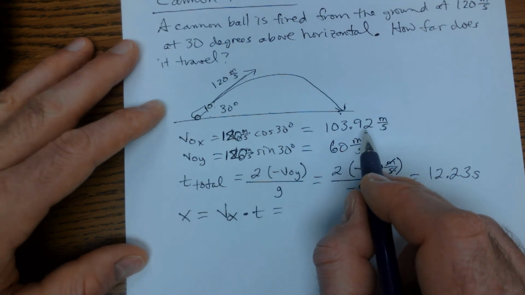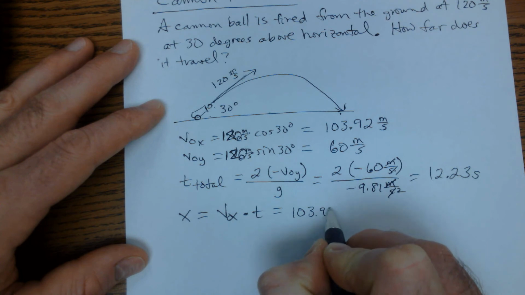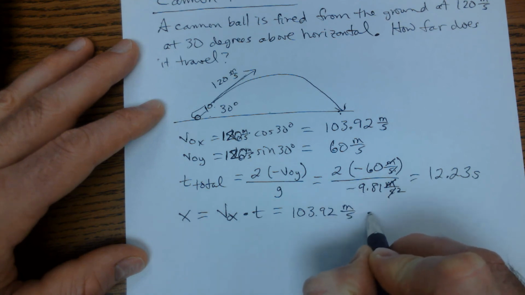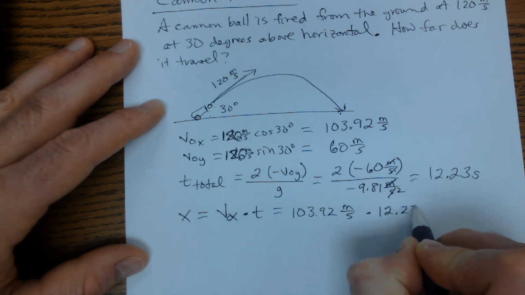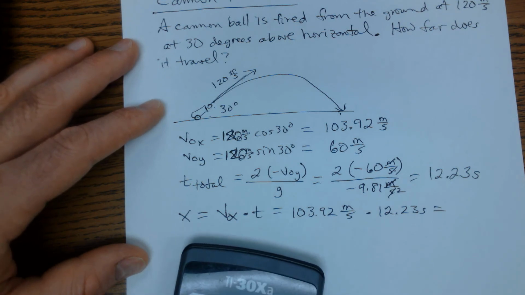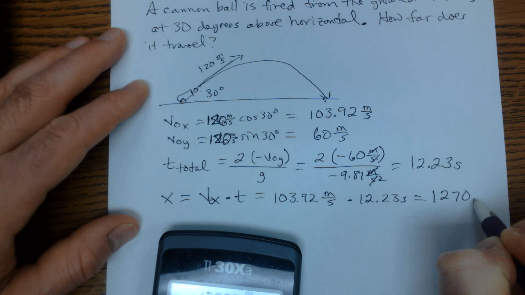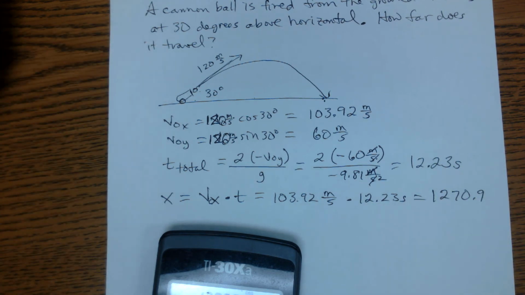The component that was going in the x direction is 103.92 meters per second times 12.23 seconds. And I get 1,270.9.